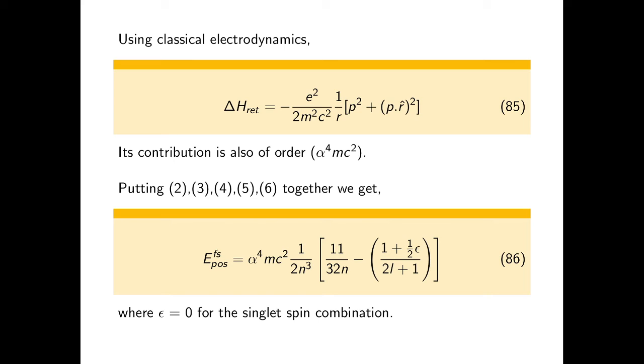And also, the Lamb shift is of the order alpha to the power of 5 mc squared. It can make a correction to this, but this has already broken the fine structure level in the positronium, so it's kind of negligible. Next slide, please.